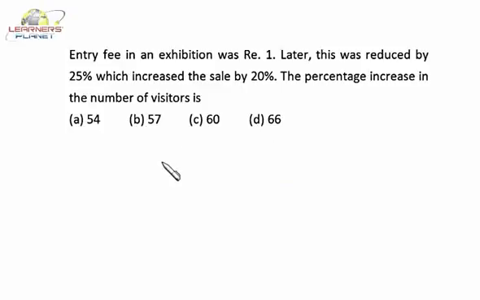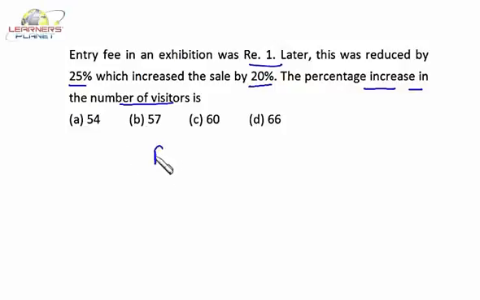Now in this question, entry fee in an exhibition was ₹1. Later this was reduced by 25%, which increased the sales by 20%. We have to find out the percentage increase in the number of visitors. Further, there are two variables, that is the entry fee and number of visitors.